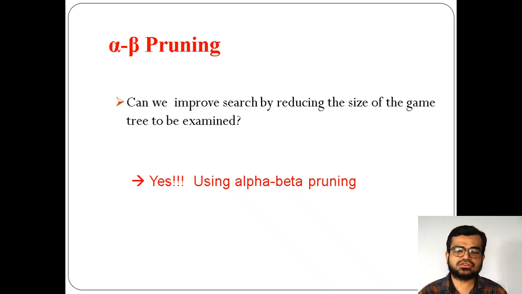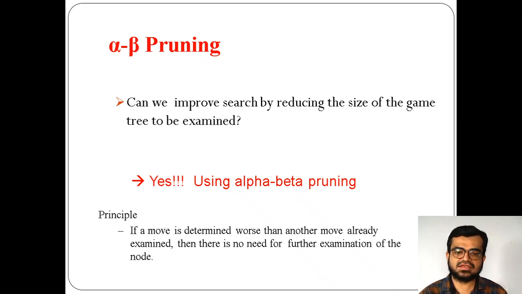The solution is not affected by the states removed through alpha beta pruning. Because of that, the algorithm becomes faster, so the problem can be solved well and quickly.